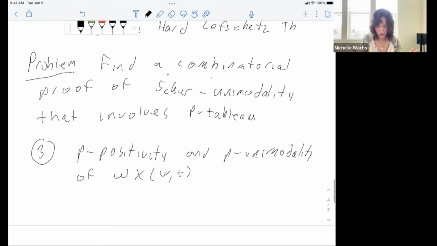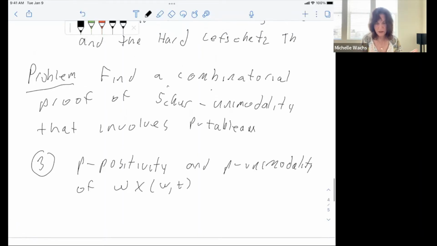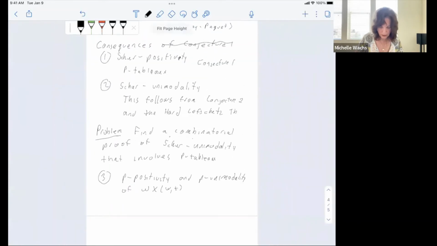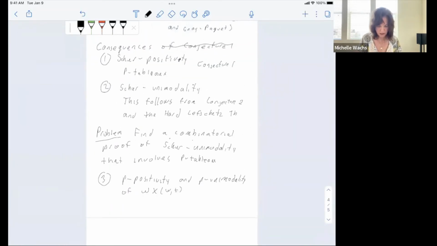So that's the third consequence. And so the question is, is this true? Is it P positive and P unimodal? That's the third consequence of our first conjecture.